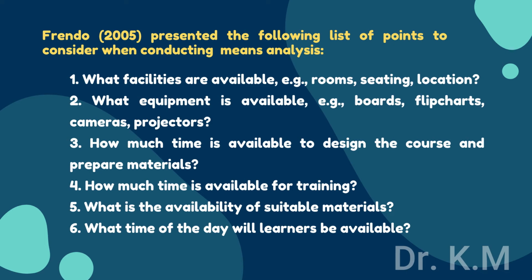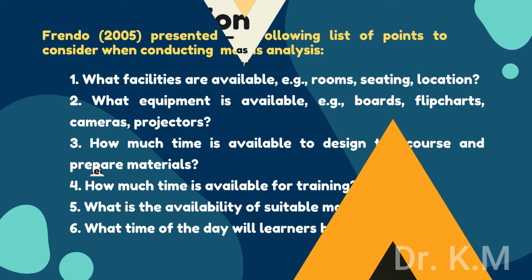What equipment is available, for example, boards, flip charts, cameras, projectors? 3. How much time is available to design the course and prepare materials? 4. How much time is available for training? 5. What is the availability of suitable materials? 6. What time of the day will learners be available?